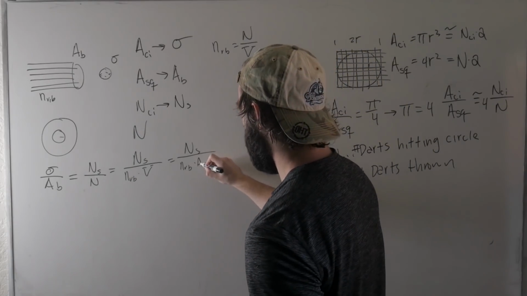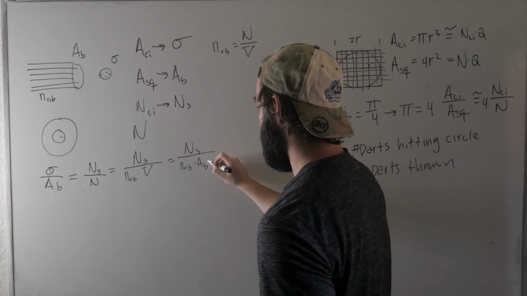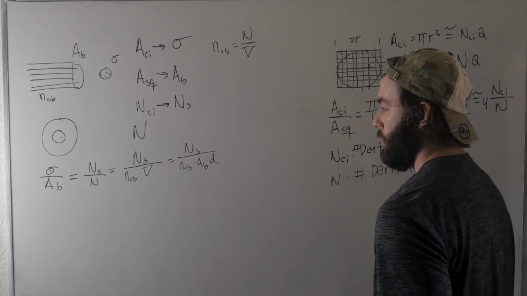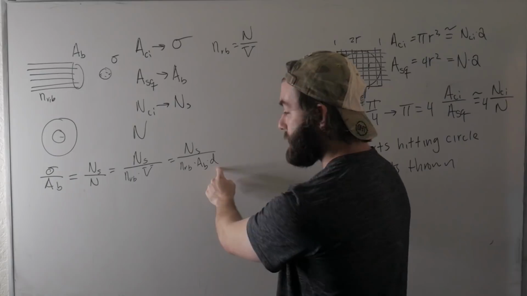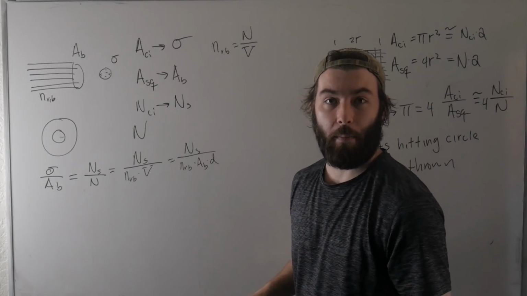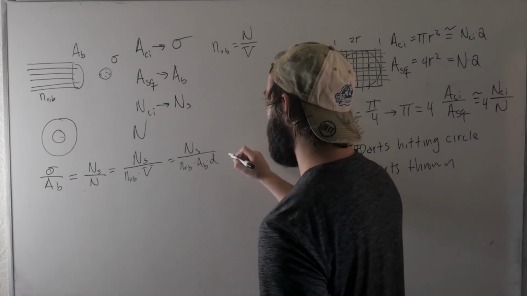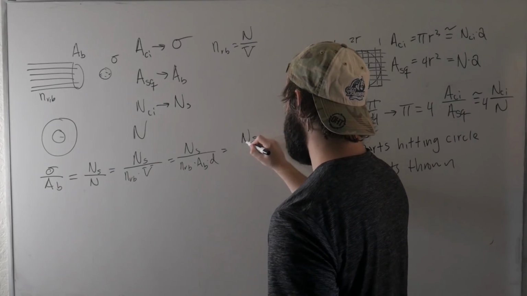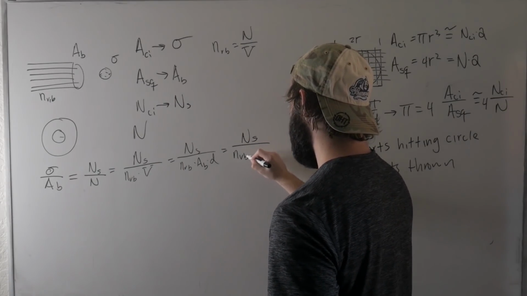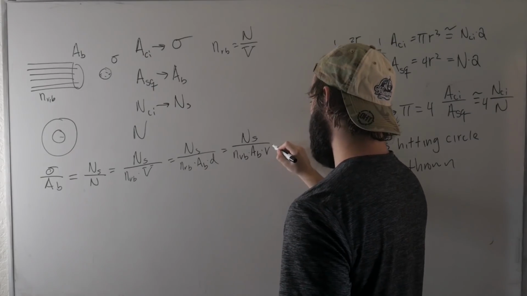So it's just the cross-sectional area of the cylinder times the distance traveled by the beam. And lastly, we can express that distance traveled as the velocity of the beam particles times the time of the experiment, which is equal to N_S over n_B times A_B times velocity times time.